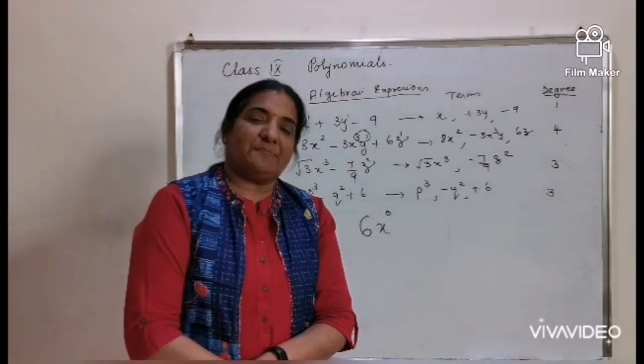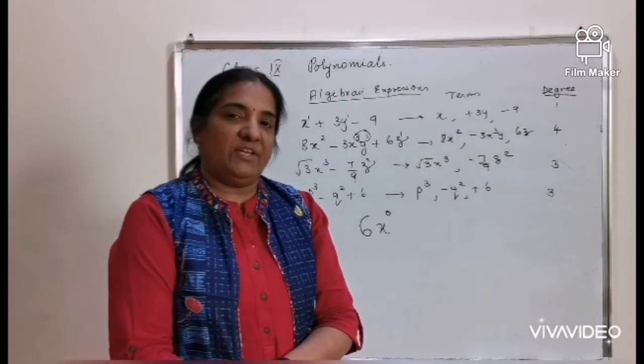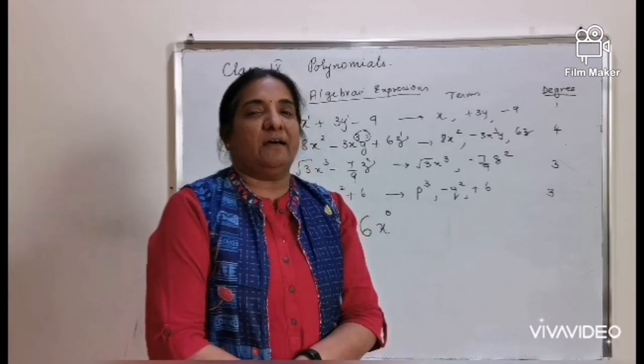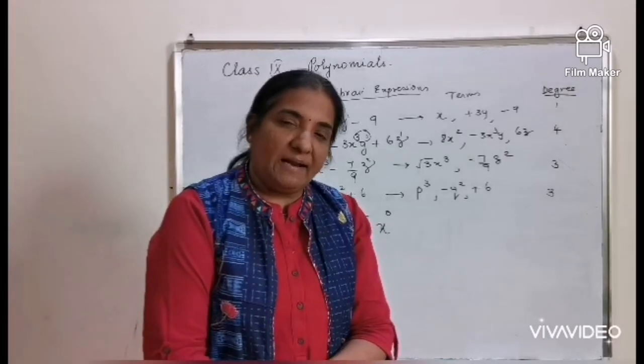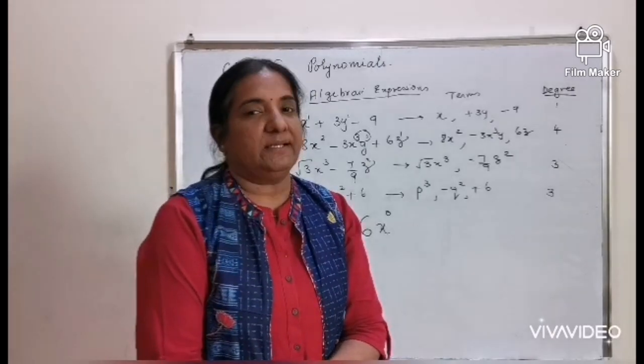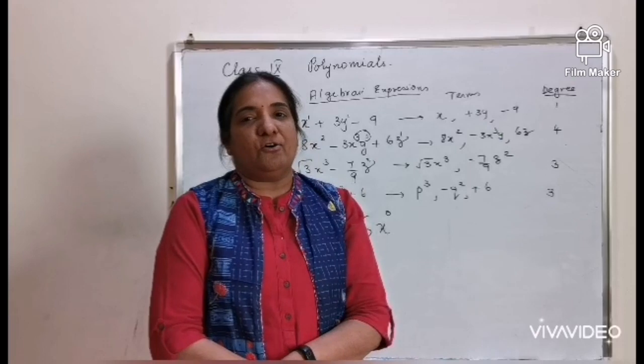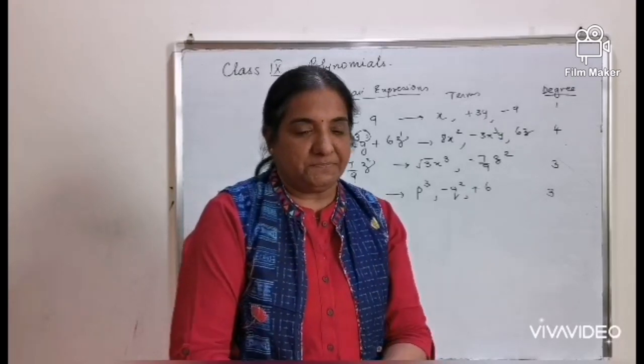The degree of an expression is the maximum power of the variables involved. If there are more variables, you add their powers to get the total, and the highest total determines the degree of the algebraic expression.